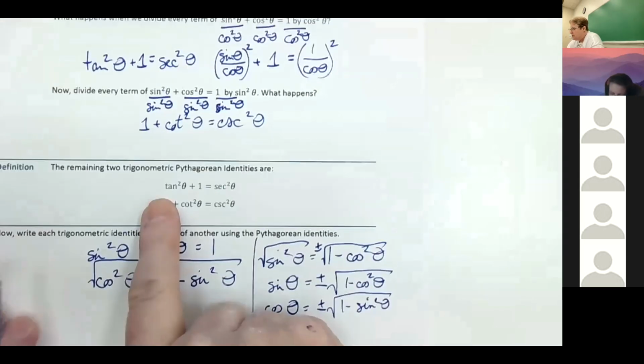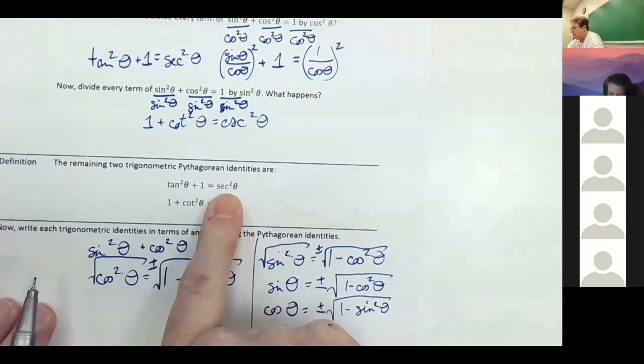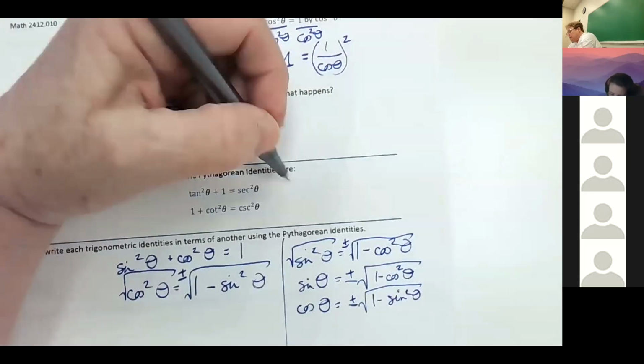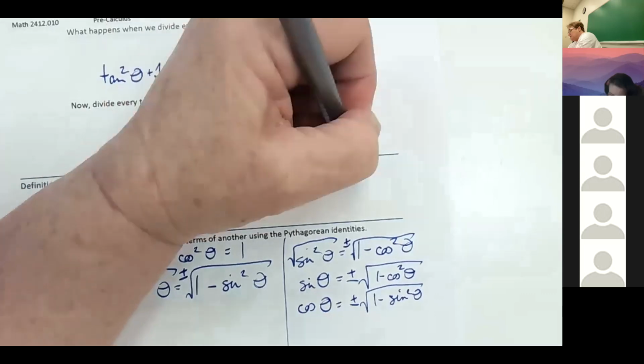I want y'all to solve tangent squared theta plus 1 equals secant squared theta. Solve that for the tangent. So solve for tan theta.